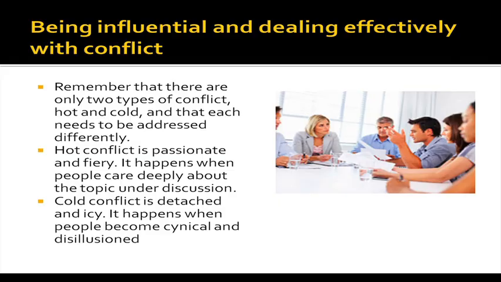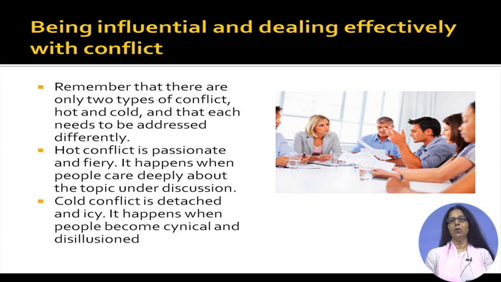People don't come to fisticuffs, but they do scream and shout at each other, say unpleasant things to one another, and the meeting gets very unpleasant and fiery. But there's another kind of conflict, which is cold conflict, and cold conflict, mind you, is even more dangerous than hot conflict, because cold conflict is detached and icy.